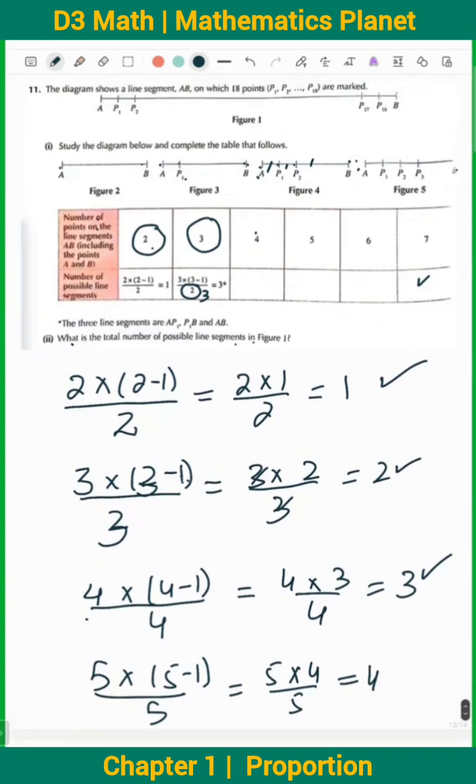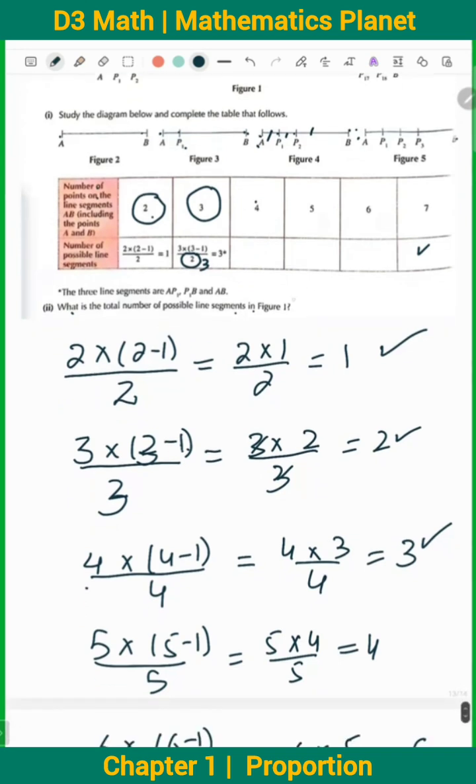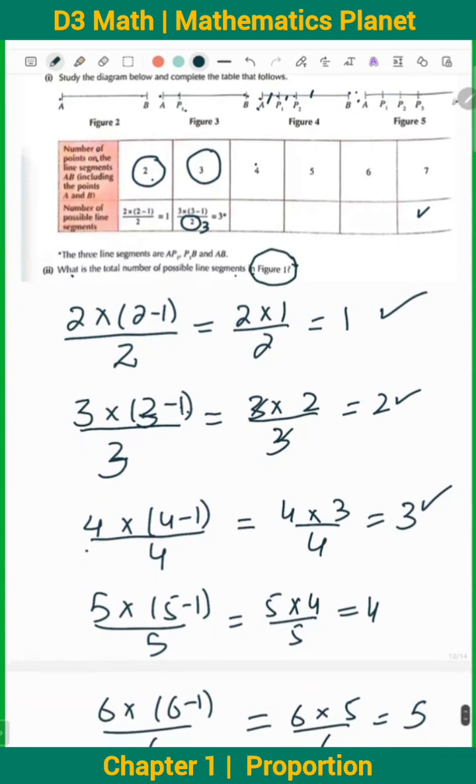No. We don't have any figure 1. Or are they asking about any other figure? Is this a misprint? Can you people check in your actual book? Is it figure 1? Like we don't have any figure 1 here.